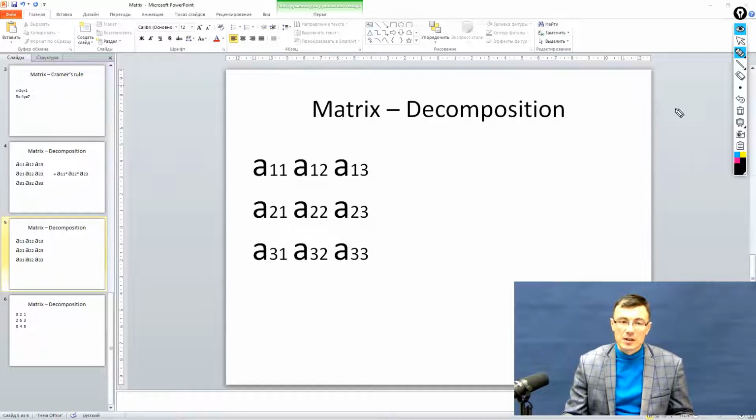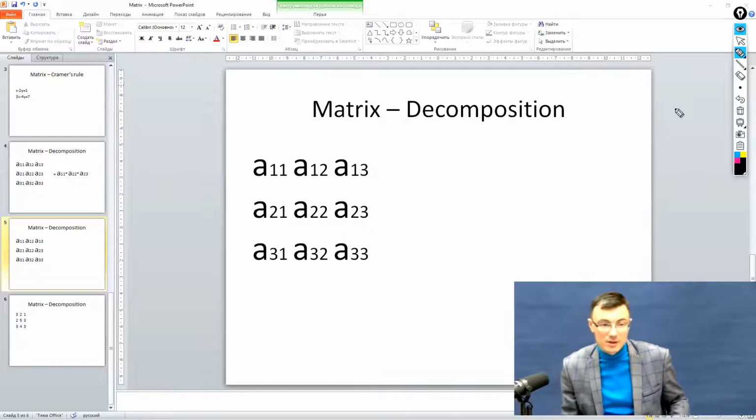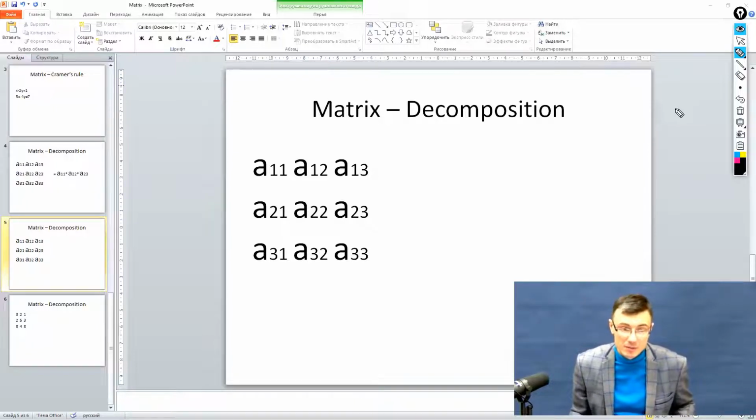One of the methods of finding the solution of a matrix and calculating its determinant is decomposing. As you see, we can decompose a matrix by any row. So let's begin with the first.